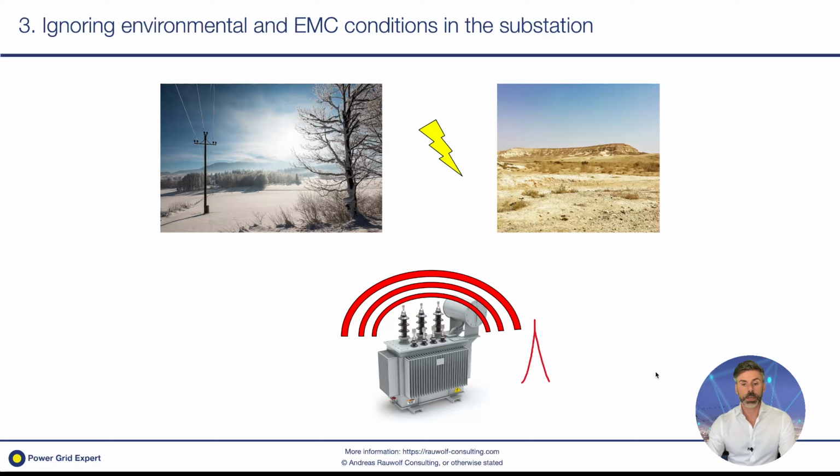EMC conditions are another aspect, and again here, standard devices meet those criteria. If you take a normal industrial product, it might not be able to cope with those EMC conditions out in the transformer station. For example, during installation, you switch on the medium voltage transformer.